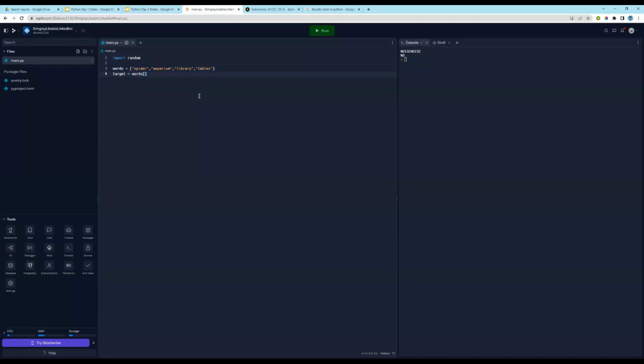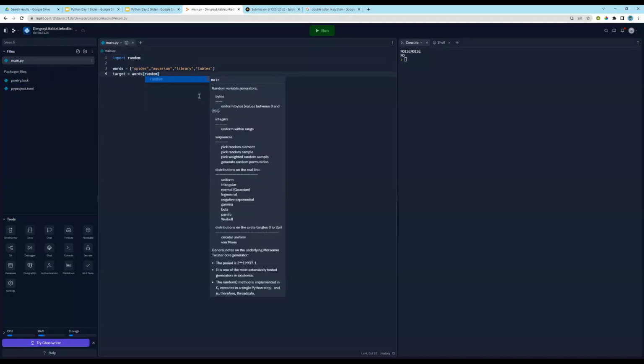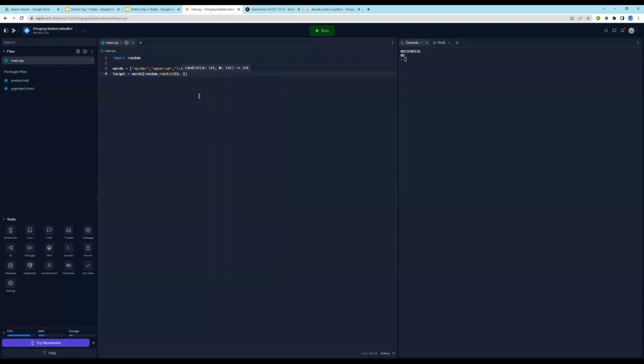So we'll be using random.randint, which picks any number from 0 to 4, because the length of our word list is 4, so it'll be the length of the words list. But if we do 0 to 4, it will actually output 4 as well.